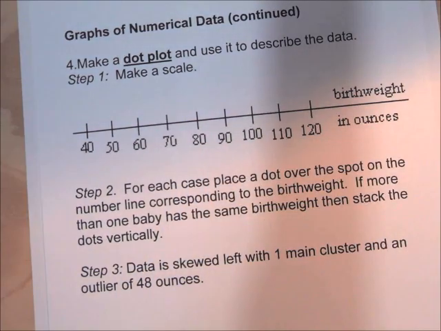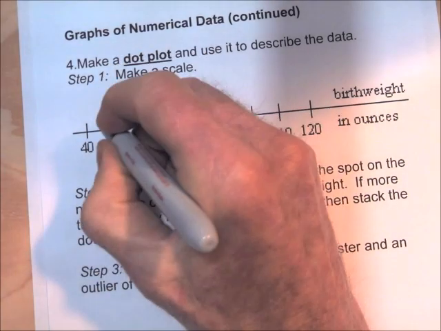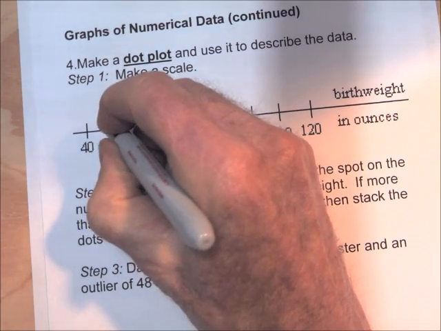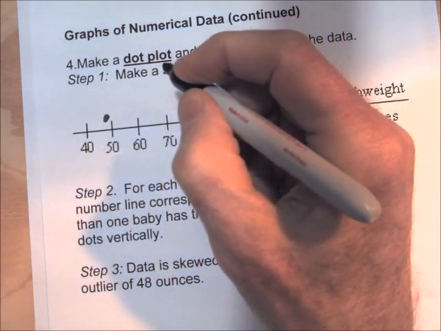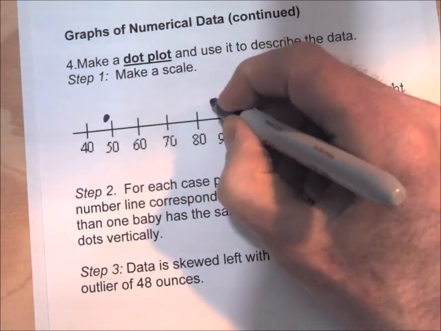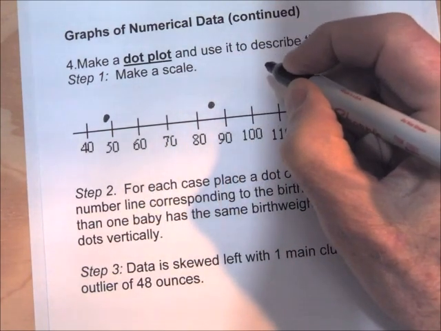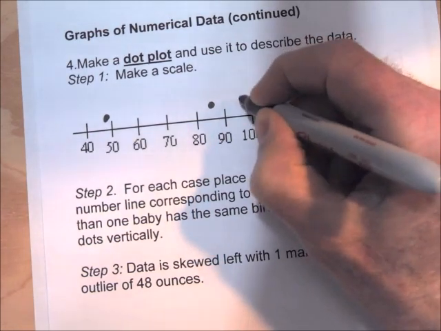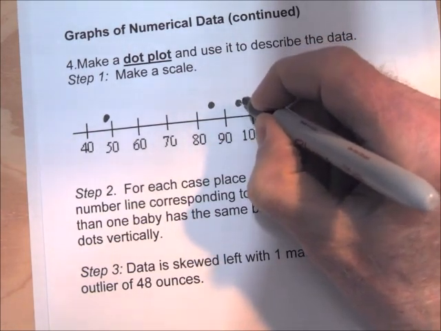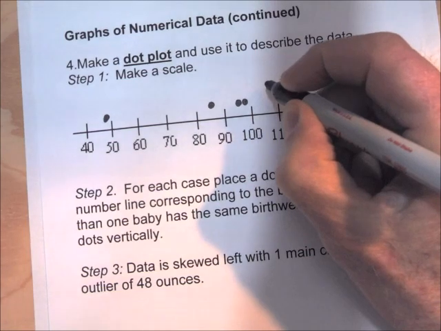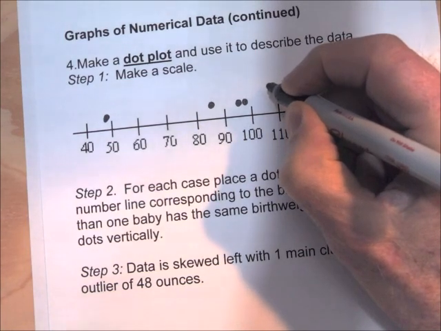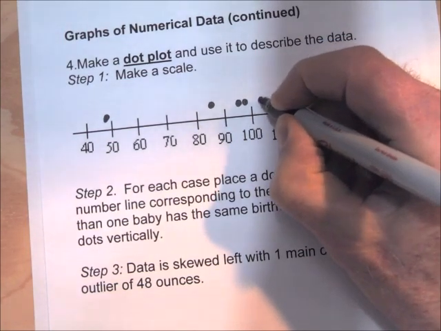But anyway, we have a 48-ounce baby, so put a dot there for the 48-ounce baby, and 85 ounces, 90, 96 and 98, 102 and 103. So then we can stack the dots.